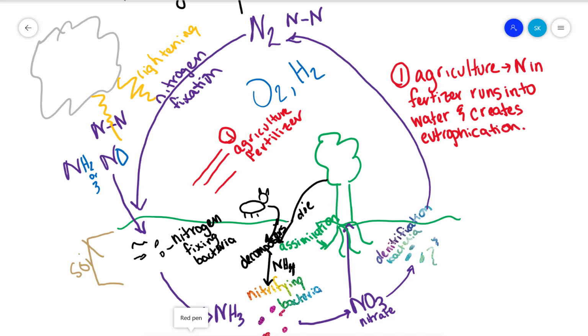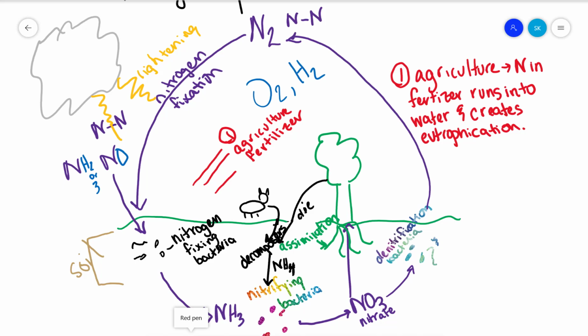Now, what is eutrophication? Basically, all this fertilizer has tons of nitrogen in it. It gets flooded into the rivers, the oceans, and the lakes. It all runs off into there, and so you have a ton of nitrogen. Well, guess what? Animals don't really use nitrogen. They get their nitrogen from plants. The plants love nitrogen.